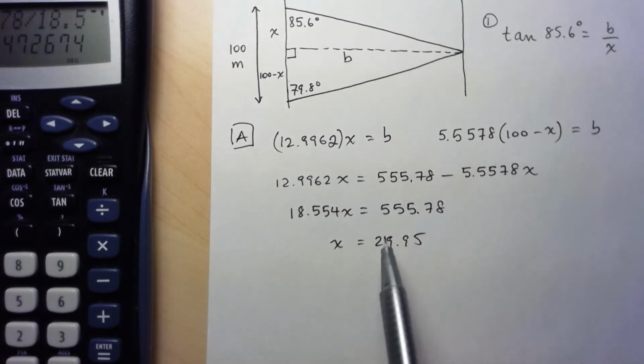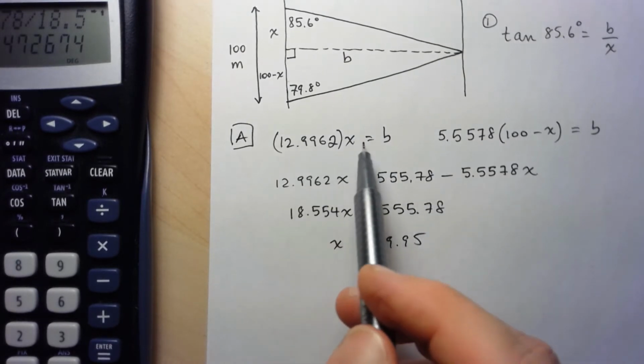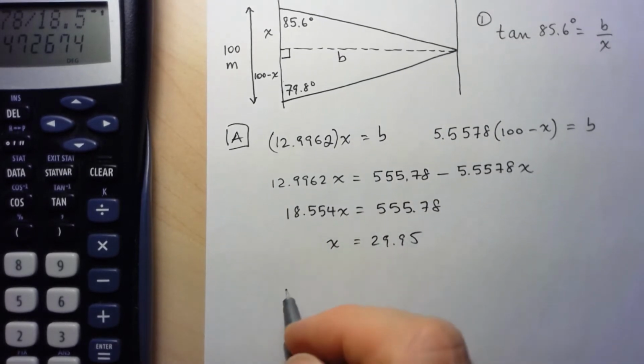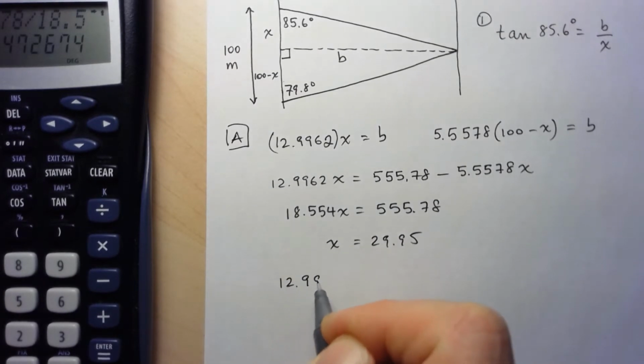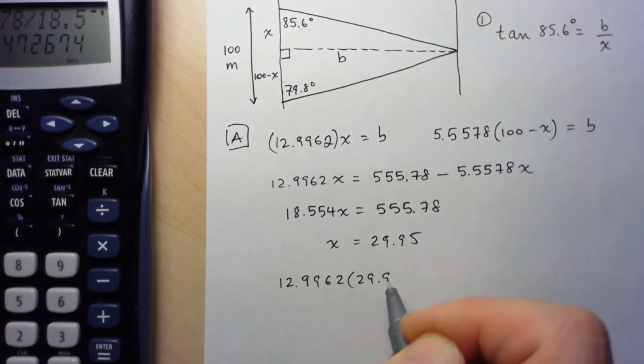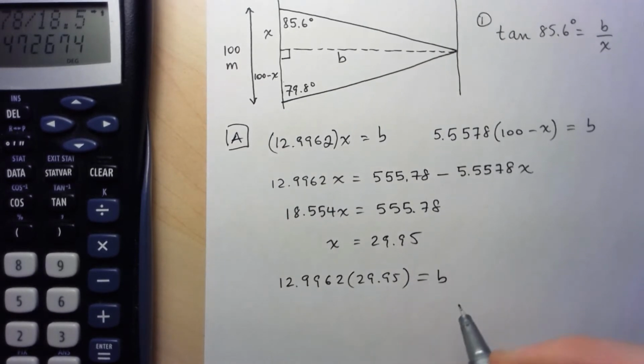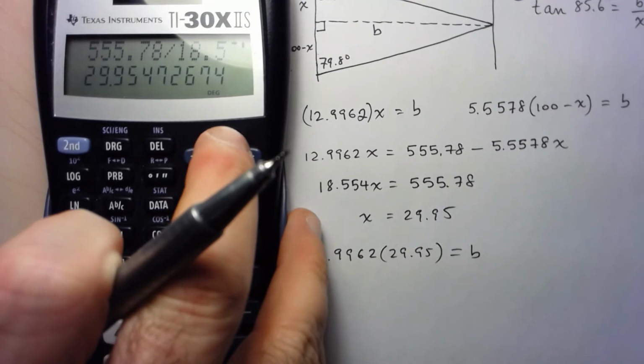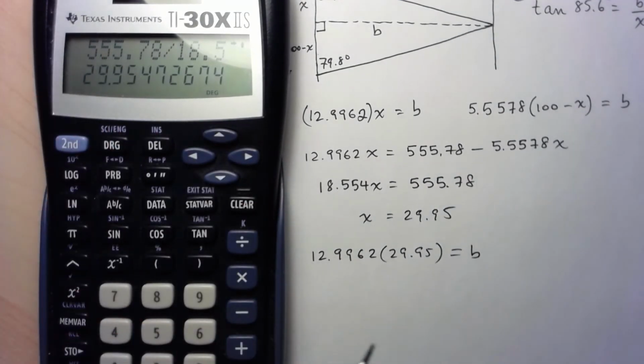All right, but of course what I'm actually looking to solve for is the b value. So now I'm going to stick this into one of my equations. I'll use the first one since it looks much easier. So we have 12.9962 times x, which now we have as 29.95, is equal to the b value that I'm looking for. So let's do that. Well, I already got it in the calculator, so I'll leave it there.